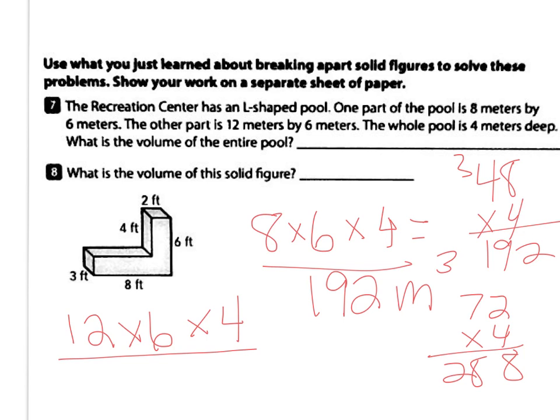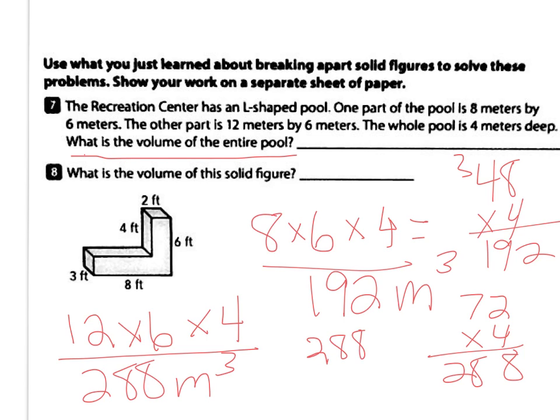So the volume of the second part of the pool is 288 cubic meters. It asks what is the volume of the entire pool. So I'm going to add them together. 288 plus 192. 2 is 10, 18, 480. So my answer would be 480 cubic meters.